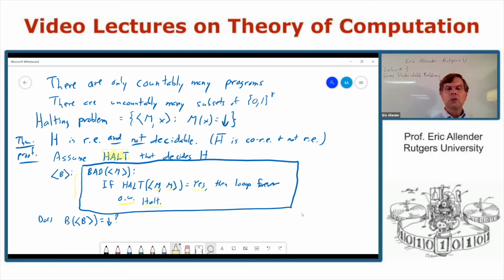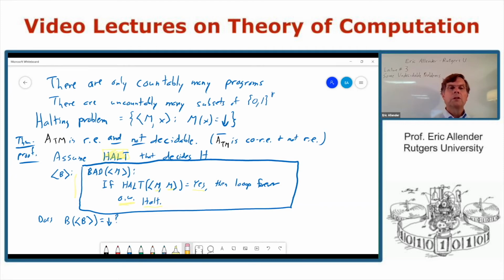So good enough. What's something else that we can now say is not decidable? Let's look at A sub TM. We're going to claim that this is recursively enumerable, computably enumerable, and not decidable, which means that its complement, A sub TM complement, is co-RE and not RE.